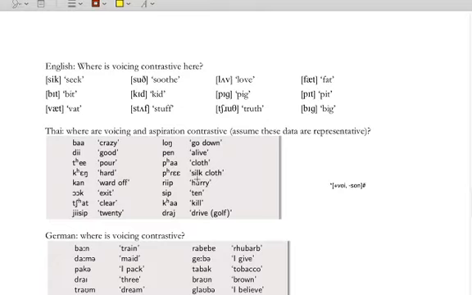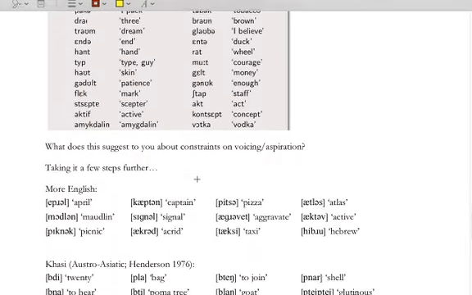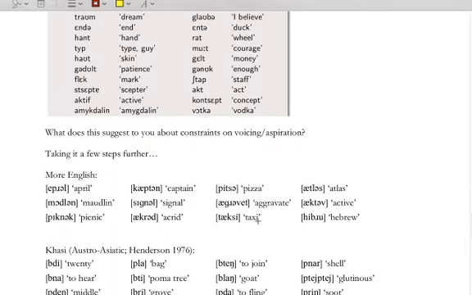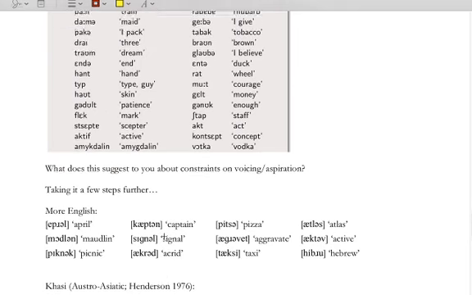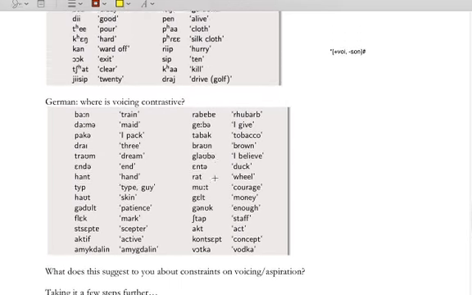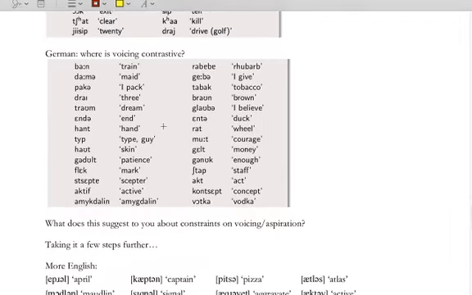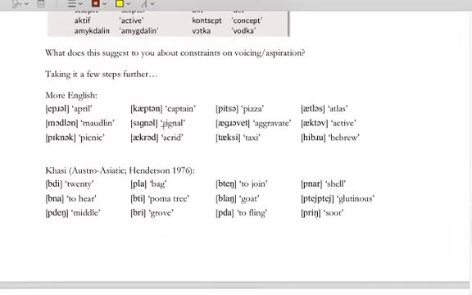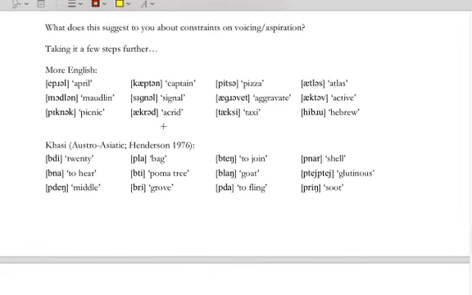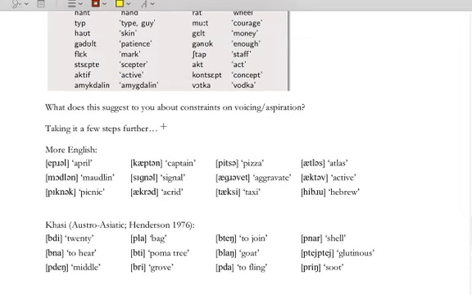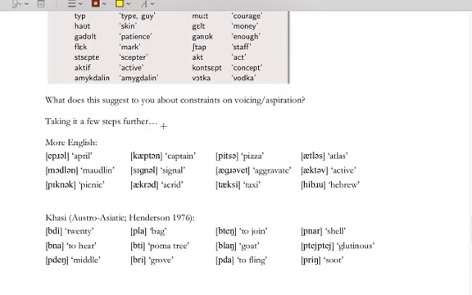If they neutralize those contrasts anywhere, they get neutralized in places like before another obstruent, or word finally, when they're not before a vowel. So this is a robust typological generalization, and this has been studied by many linguists for many years, and it is generally the case in just about every language that's been documented.